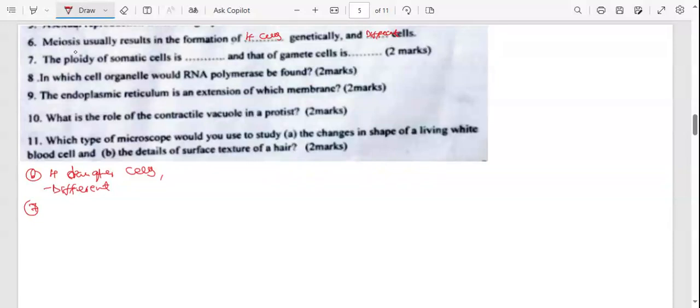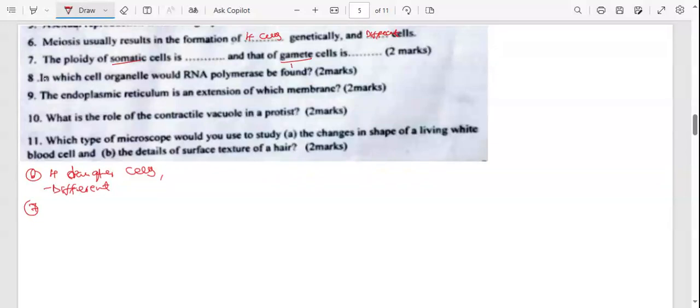So question 7 says the ploidy of somatic cells is what, and that of gamete cells is what. So somatic cells are body cells. We call them autosome cells. So they are autosomes. The somatic cells will undergo mitosis, then the gametes will undergo meiosis.